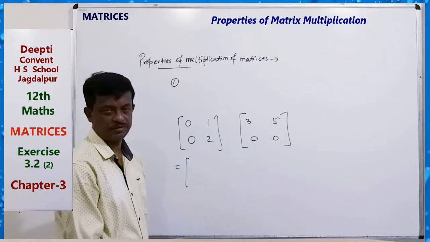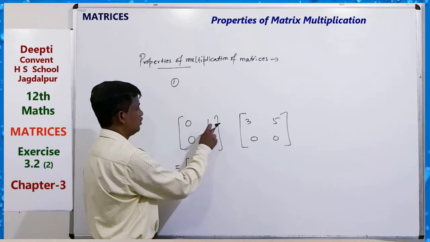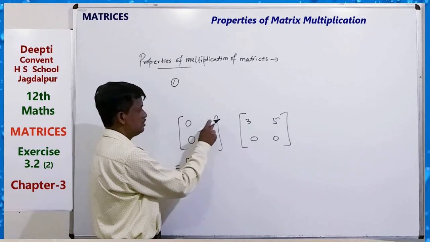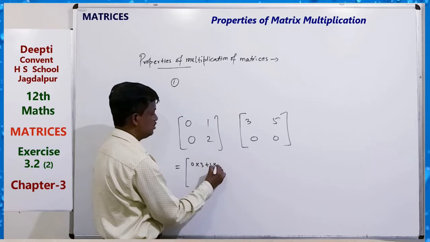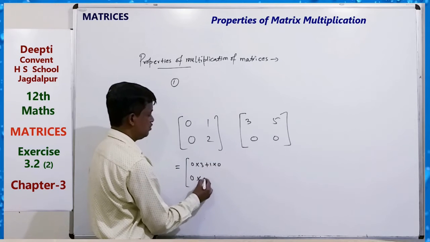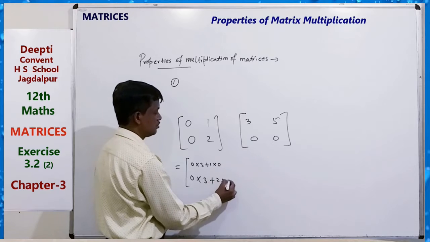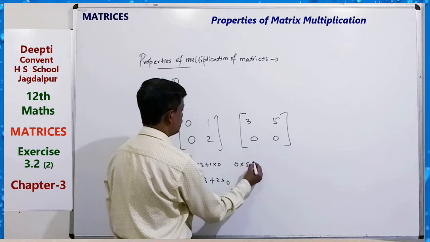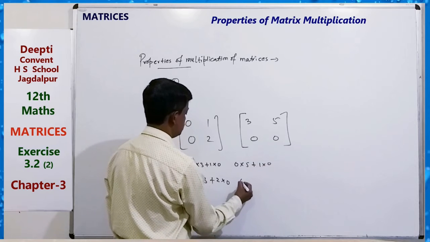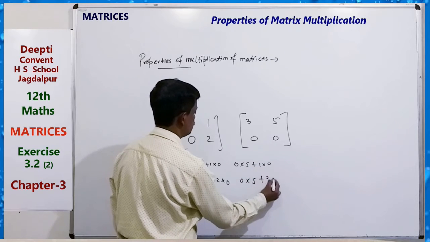Just multiply. Row by column: 0 into 3 plus 1 into 0, 0 into 3 plus 2 into 0, and for the second column, 0 into 5 plus 1 into 0, 0 into 5 plus 2 into 0.